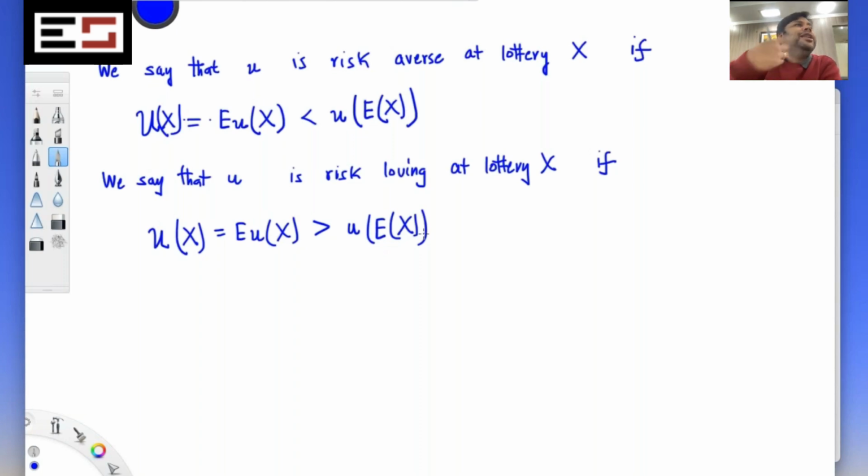I'll give you also some global definition. When can we say that this individual is risk averse, not at a lottery, but simply risk averse? I'll give you that definition also.